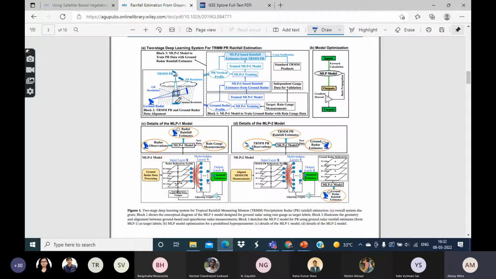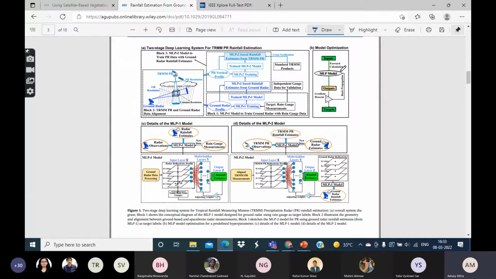So what the rain gauges could have measured at only a few locations, at those precise locations where the rain gauges are deployed, based on those we can now get an estimate of the precipitation over the entire region. Okay, so the training of course requires the model parameter optimization.